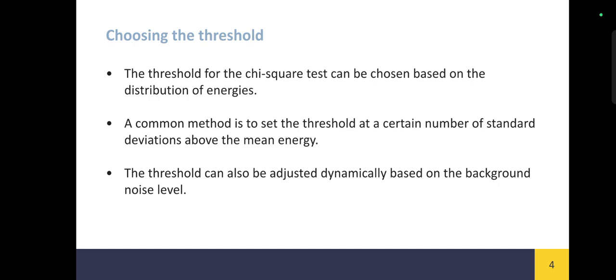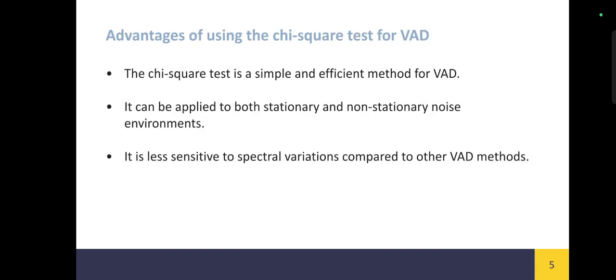Now we enter the next slide. We are all excited to learn the advantages of using the chi-square test for voice activity detection. The chi-square test is a simple and efficient method for VAD.